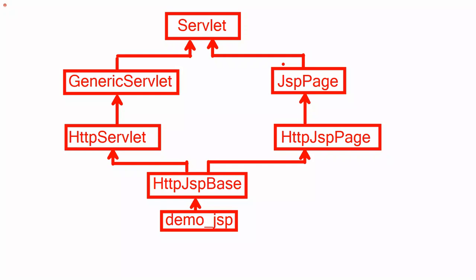Total how many types of inheritance? Multiple answers are there. Single inheritance, multiple inheritance, multi-level inheritance, hierarchical inheritance, multi-path inheritance, hybrid inheritance.